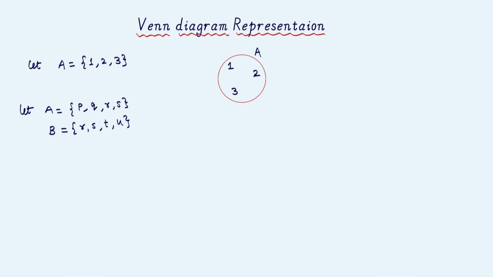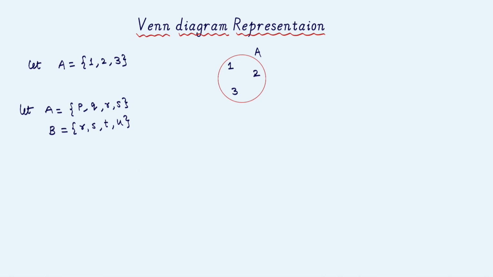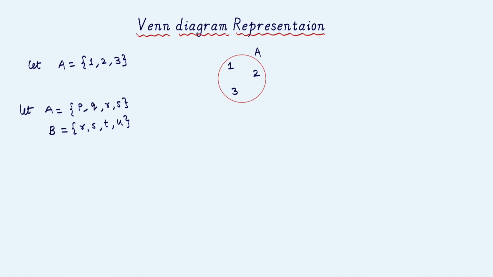We have to draw two circles and observe whether there are any common elements in the two sets. We have R and S as common elements, so we call them overlapping sets. Whenever there are common elements, we call them overlapping sets. If there are no common elements, we call them disjoint sets.